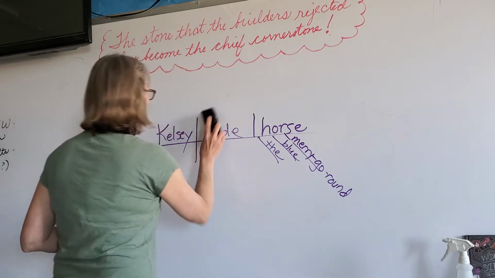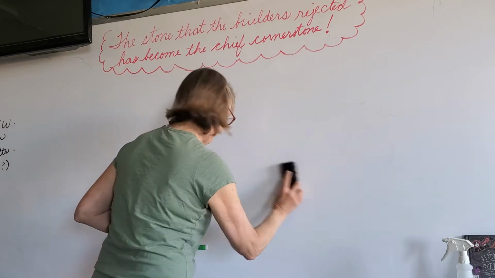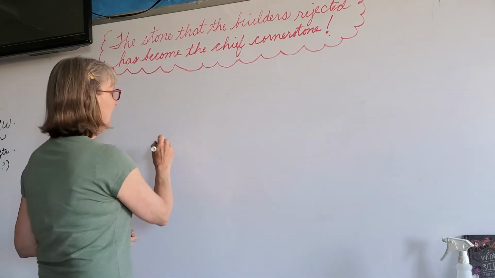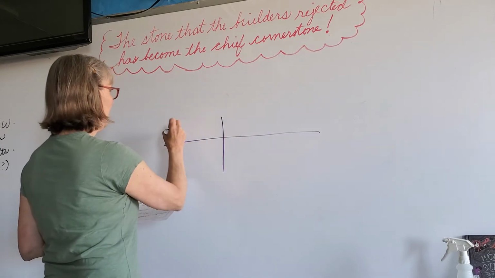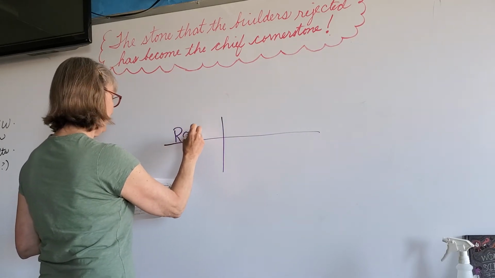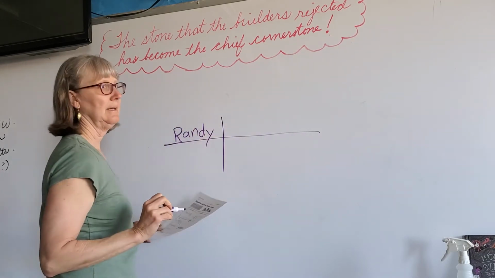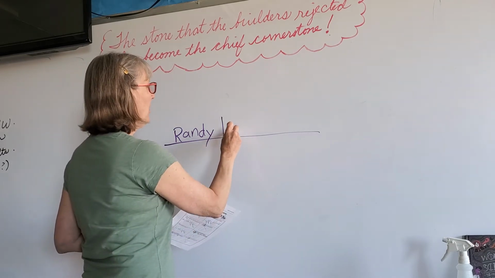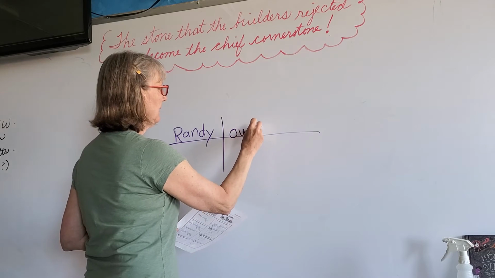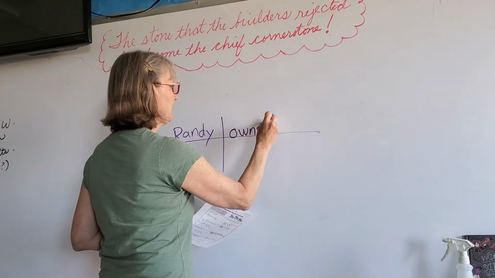Okay, I want you to try number 6 on your own, but I'm going to give you some hints. I'm going to make sure you start with the right thing. Make sure you know where to split it. The split is going to come after Randy. The verb is going to be owns. And the direct object is what?